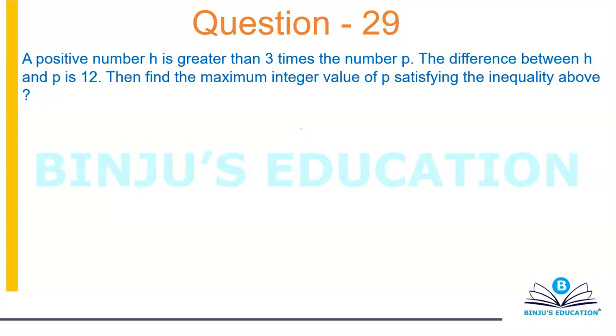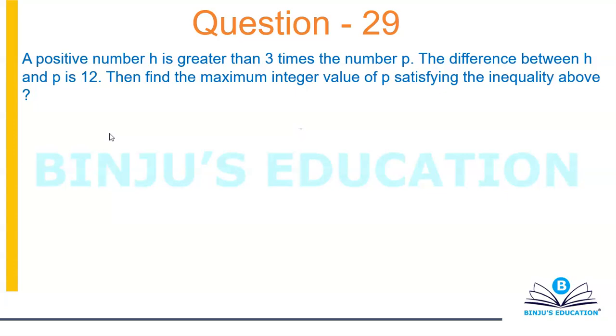All right, let's see how we can solve this one. So it says that a positive number h is greater than 3 times the number p. Now, in the previous videos of linear equations, I have discussed that whenever you have a question of linear equations, the best way to solve is to divide your entire set of information into small parts.